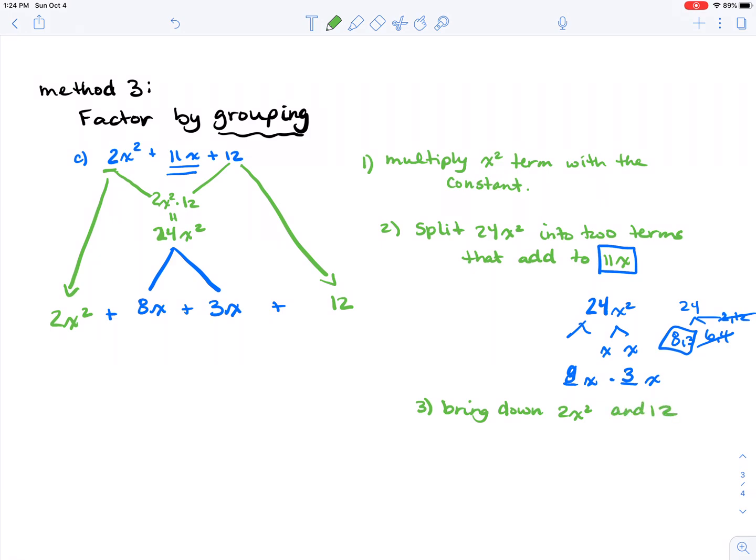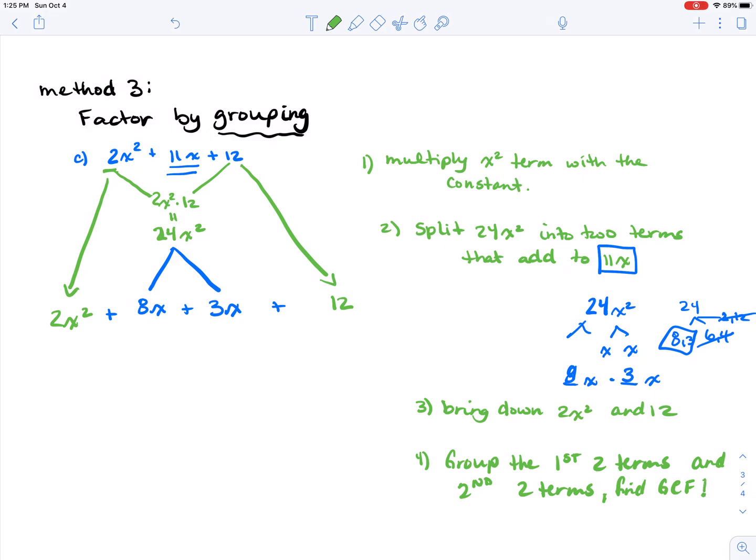So I brought those down on the edge there. The next thing we're going to do is group the first two terms, and then the second two terms, and find the GCF.